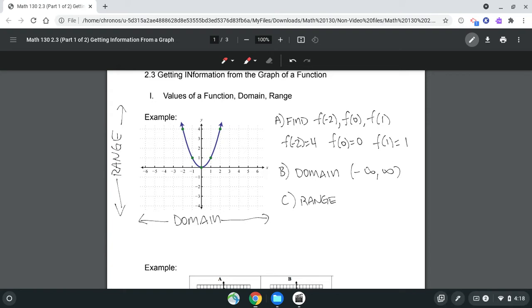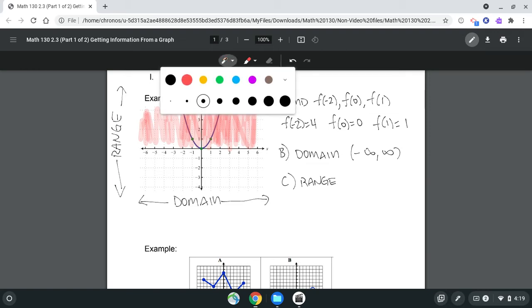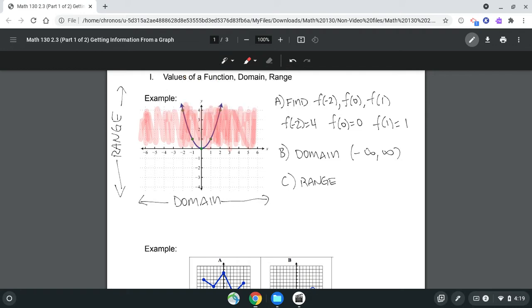So our range is really this part here, right? We see only these y values are being used. We don't see the graph down below over here. We only see the graph being used up here.